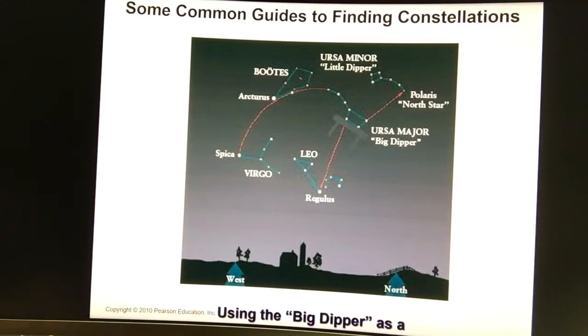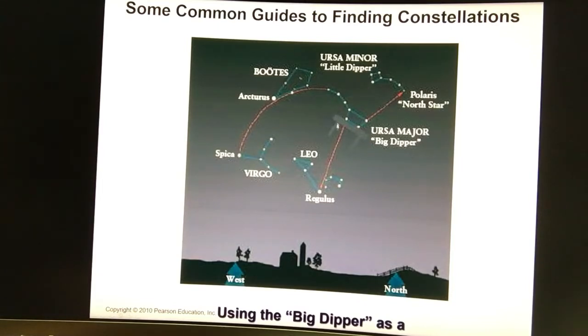The second reason why we talk about constellations is that these easily recognized constellations make it easy for us to locate other stars and other constellations in the sky. For instance, if you look at this picture here, once we know the North Star, which is part of Ursa Minor or the Little Dipper, you can identify the Little Dipper very easily.